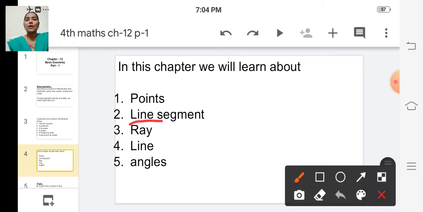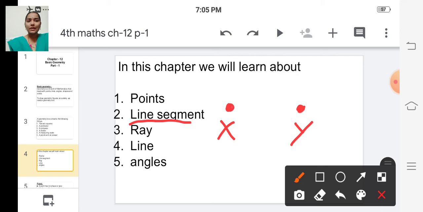So next, what is the second one? Line segment. So we can take 2 points. We have to name the points in only capital letters, so we can name them as X, Y, or A, B, P, Q, M, N, anything you want.